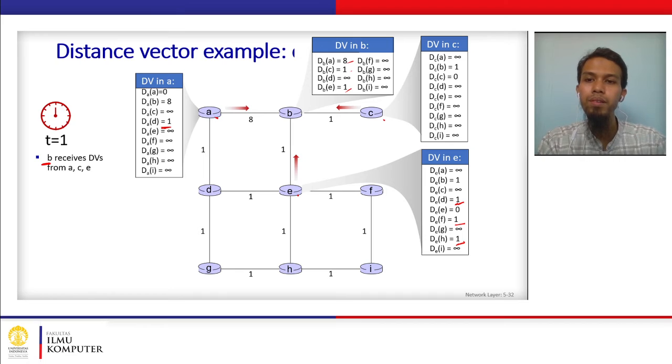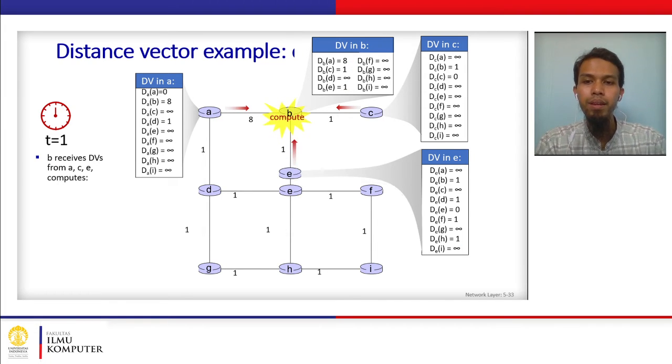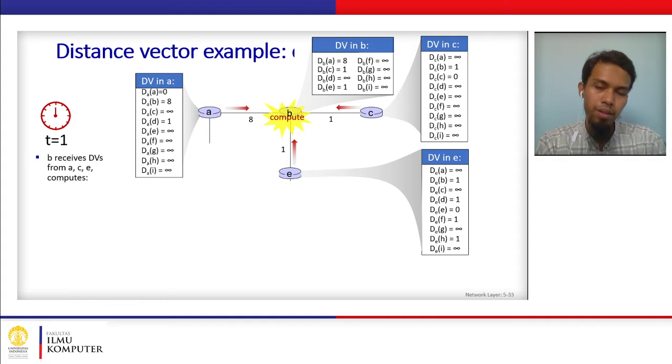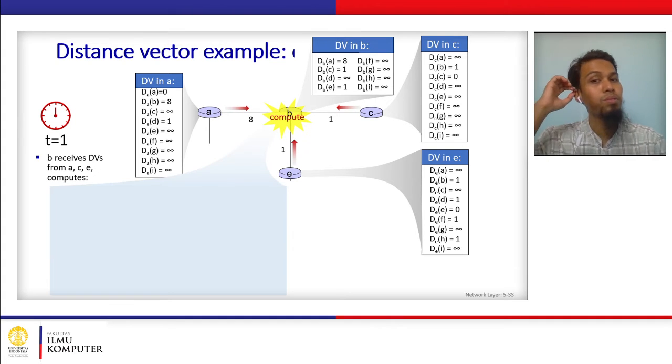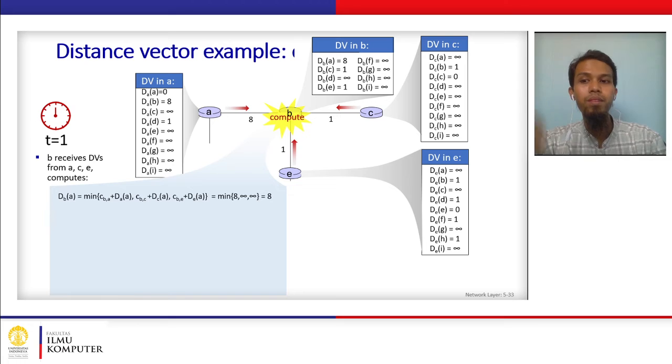So all of B's neighbors, A, C, and E, send this information to B, and B has to recompute its own DV based on the new DVs received from its neighbors. For the path to A, B to A is 8.